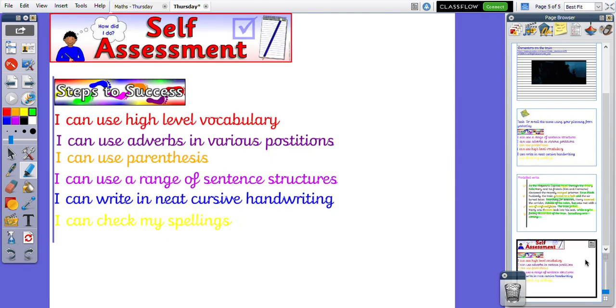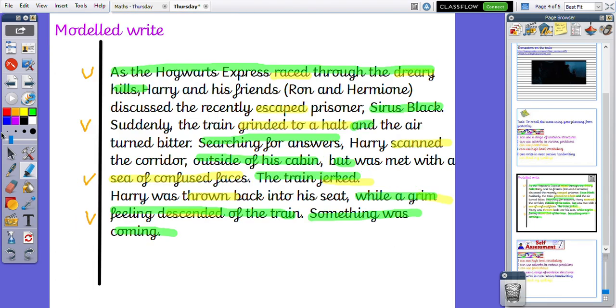Okay, have I used parentheses? Yes, I have. So I have used my brackets to show my parentheses of Ron and Harry, Hermione even. I've used a comma as brackets, a comma for parentheses to give extra information about who the prisoner was.